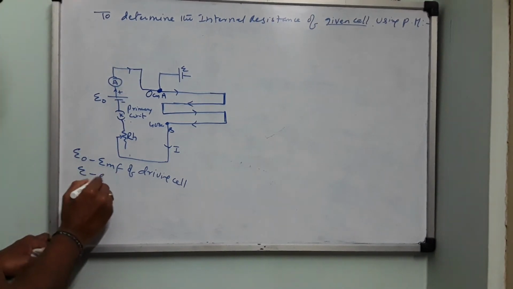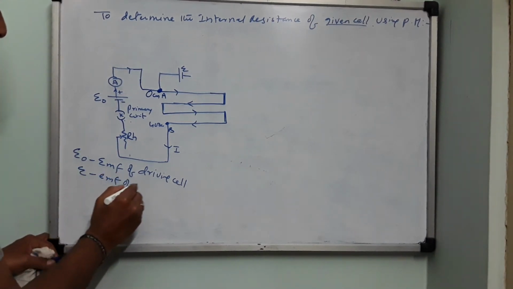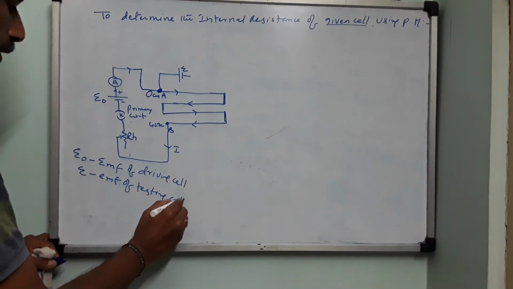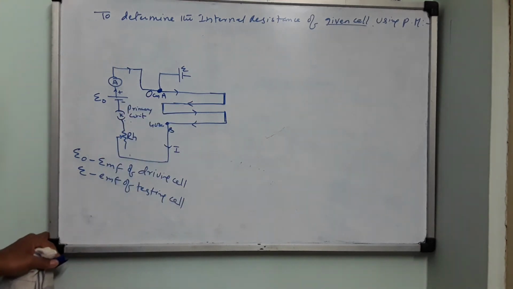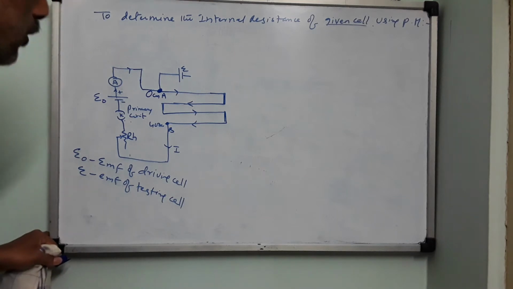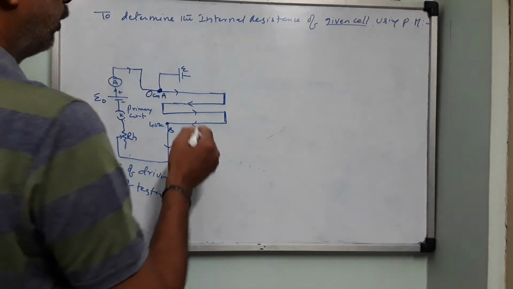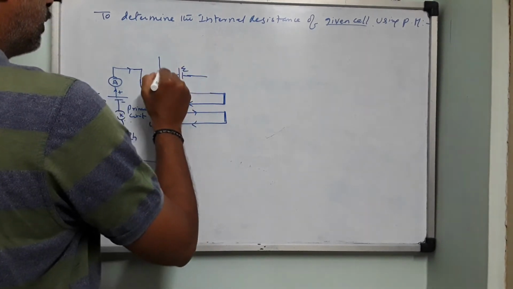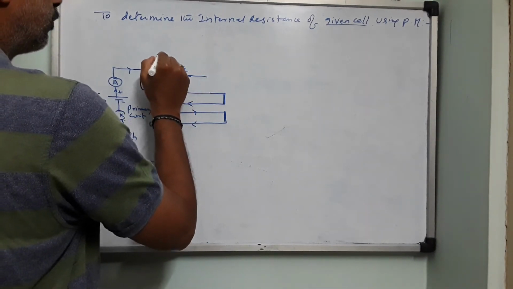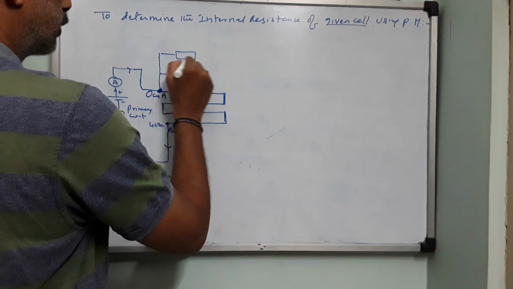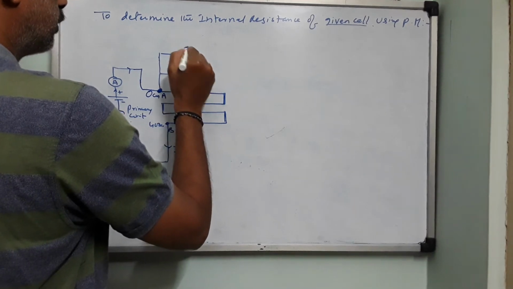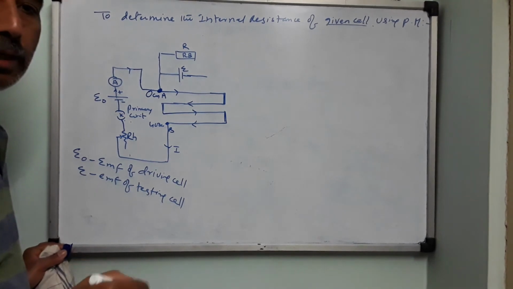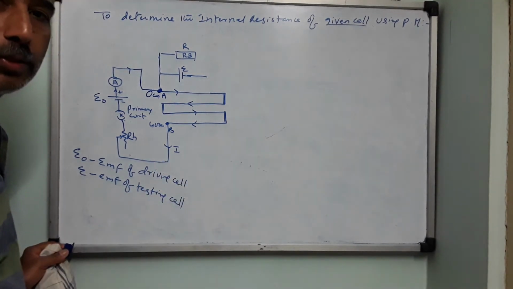E is the EMF of the testing cell. That means the cell whose internal resistance is determined, I call it the testing cell. Now, in parallel to this one, I will connect a resistance box which can have a resistance R. The resistance box will have a plug and key system.